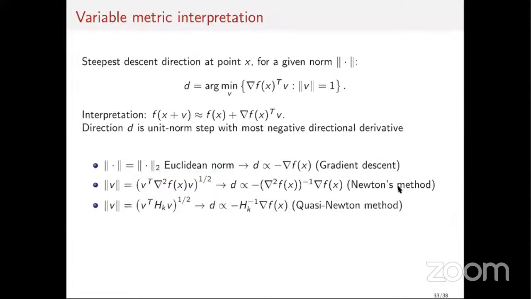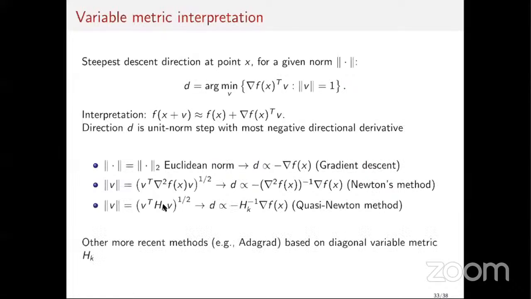The Quasi-Newton method is very similar. It corresponds to another metric, given by Hk, your approximation of the Hessian. The reason I mention this is that there are more recent methods that have been proposed, for example AdaGrad, where Ada stands for adaptive, which is quite popular in machine learning.